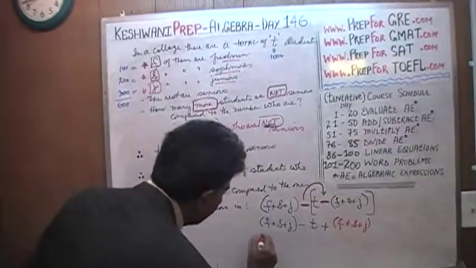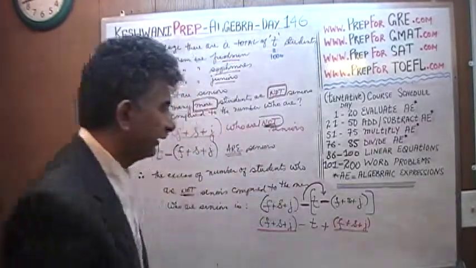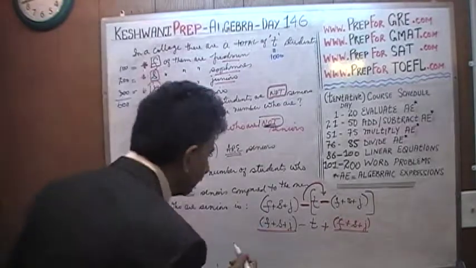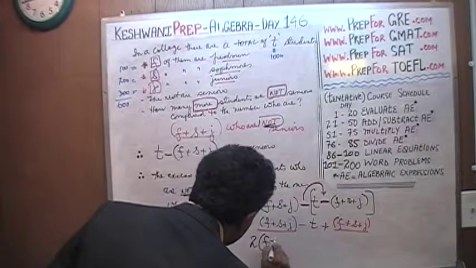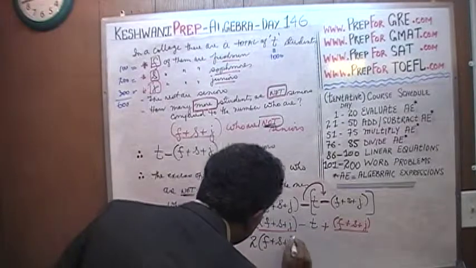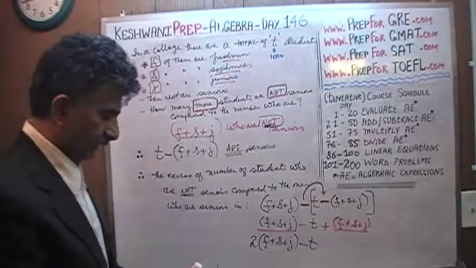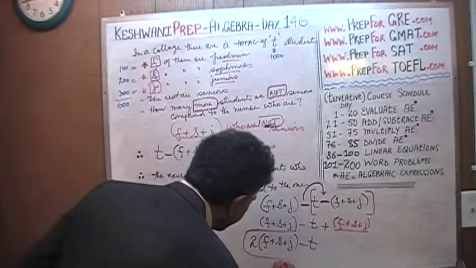Now we have F plus S plus J here, we have F plus J plus S there. Therefore the final answer is 2 times this quantity, F plus S plus J, because we have it here, we have it there, minus the T. Voila, that is our final answer.